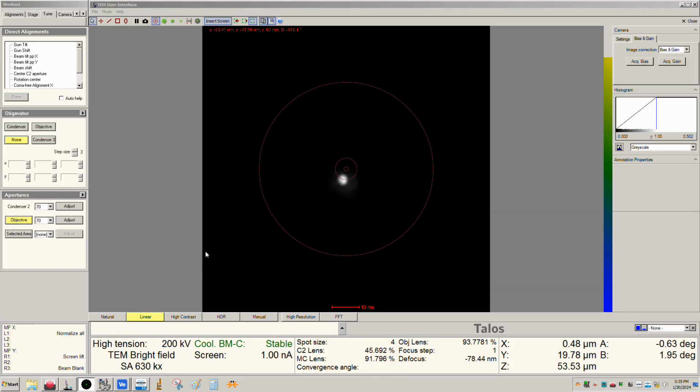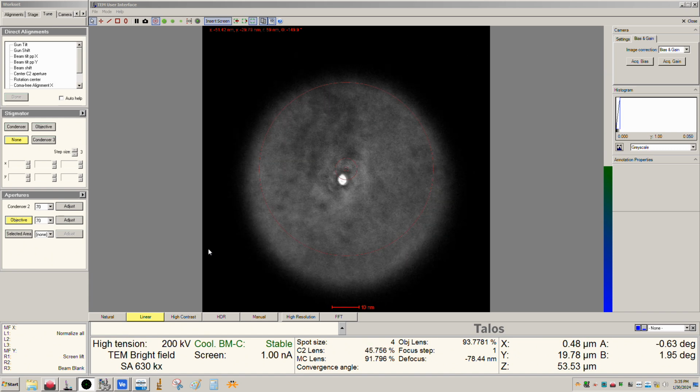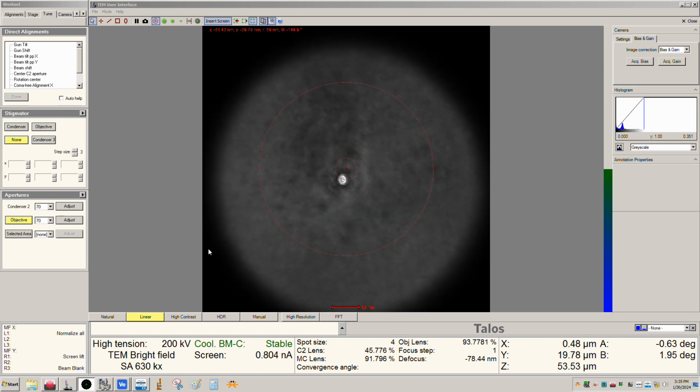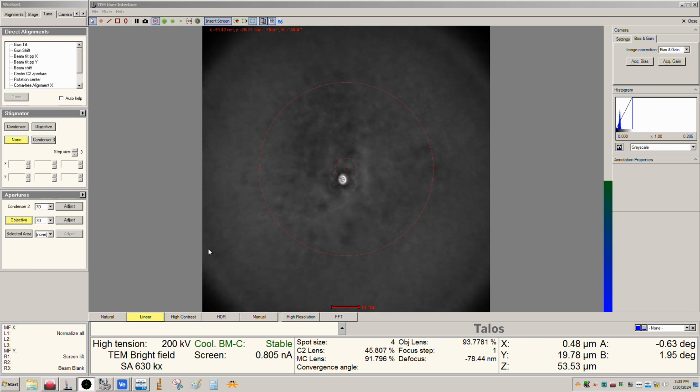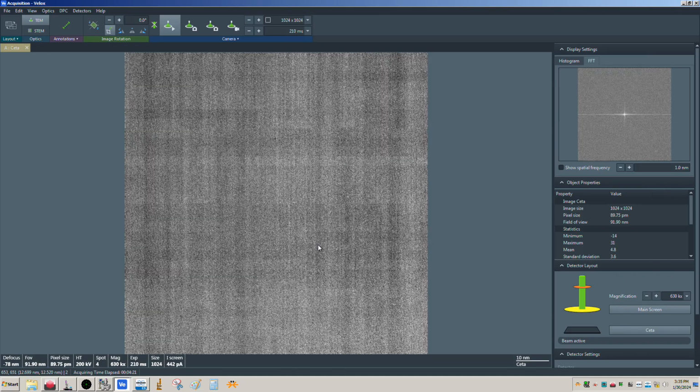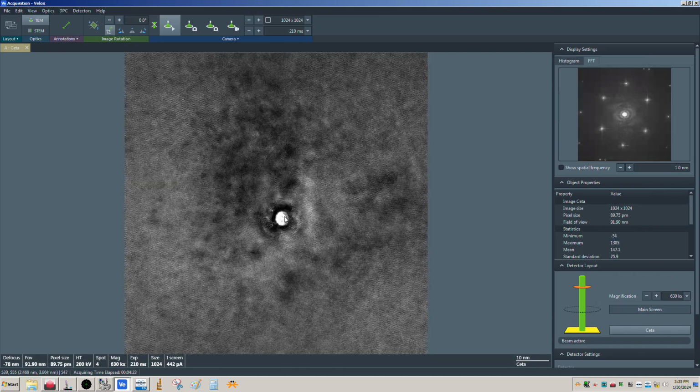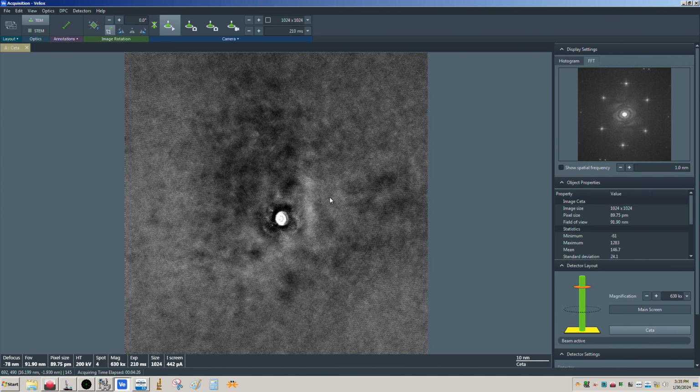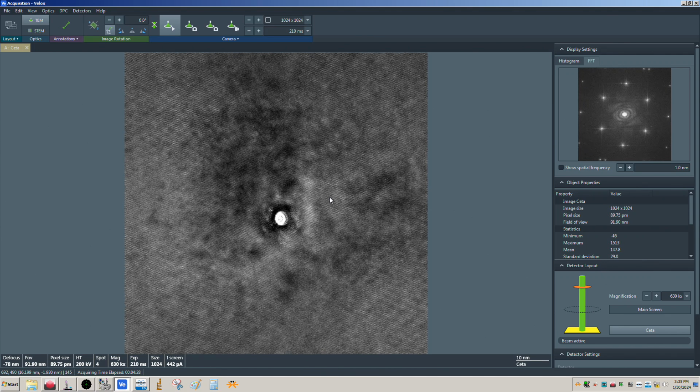If we come back here, all right, we got some beam drift going on. Oh, and we got a nice hole going. All right, perfect. Let me go back here. There we go. Okay, so now you can really see.